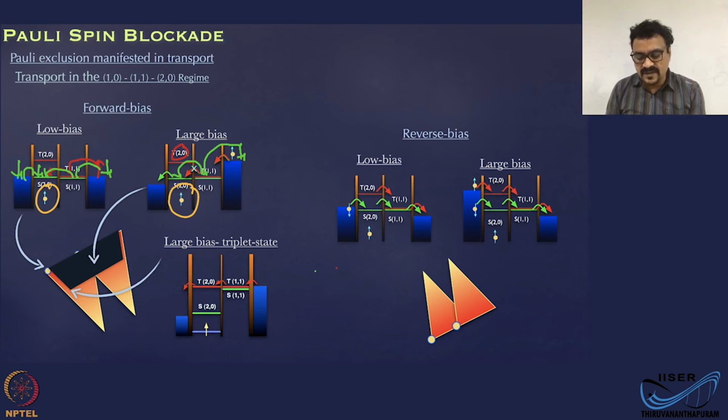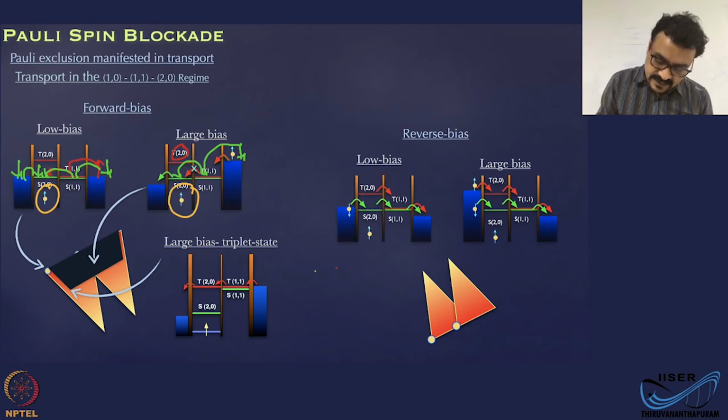Okay. Now think about changing the gate voltage configuration such that you can lift this state here, to make it in resonance with this T20 state.